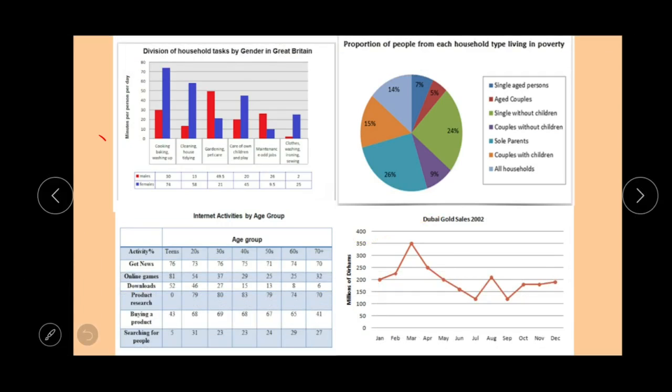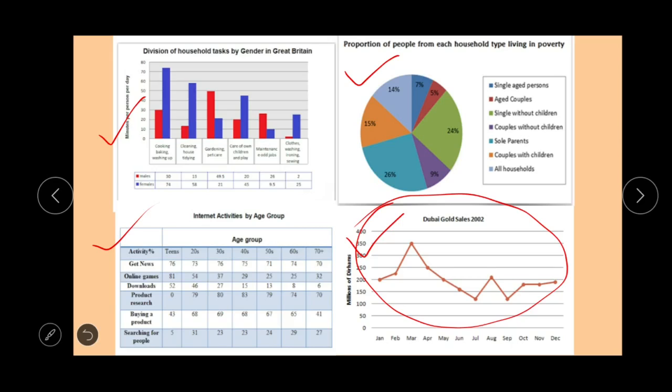This is a pie chart and this is a table, you know very well. So let's understand about graphs, because students have problems with line graphs especially. They have problems analyzing line graphs, especially when you describe the quantities.